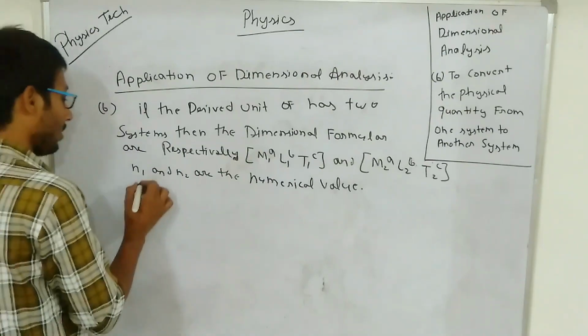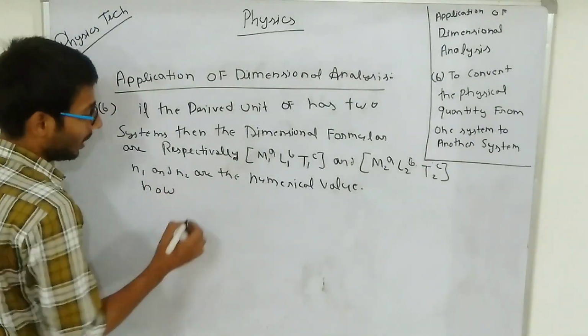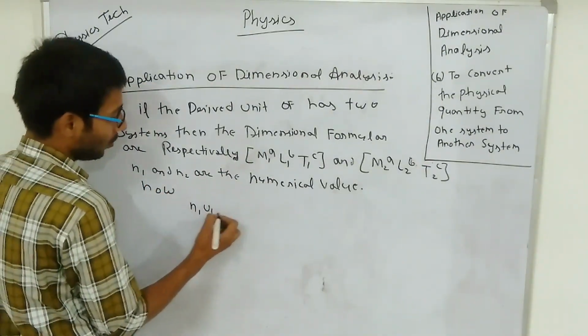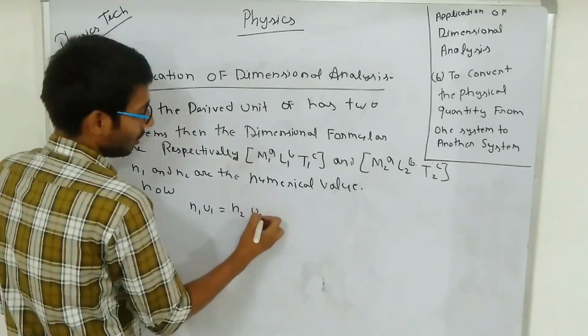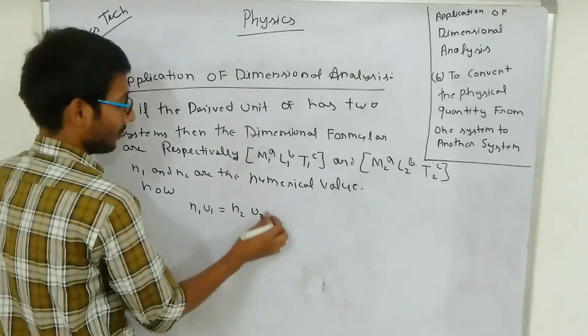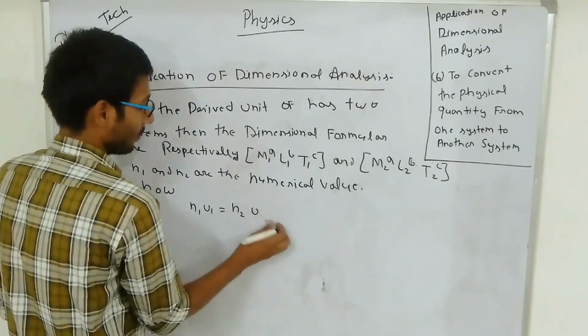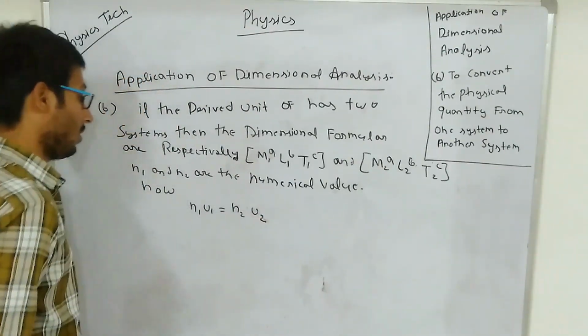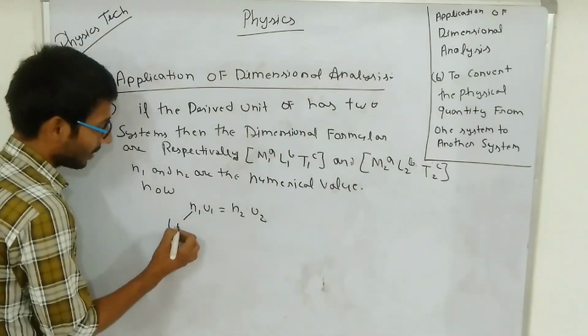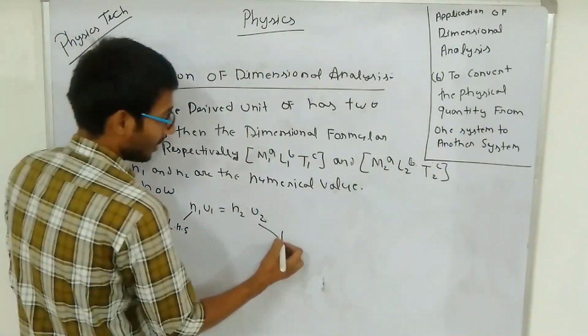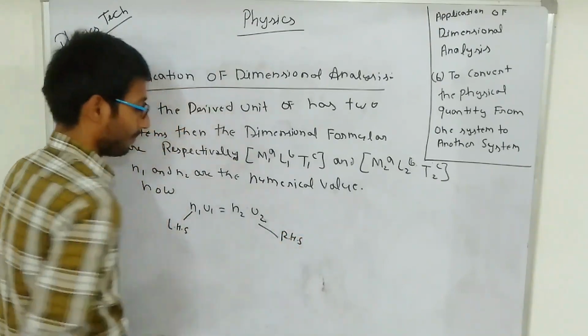Now we know that N1 U1 is equal to N2 U2. This part is LHS and this part is RHS.